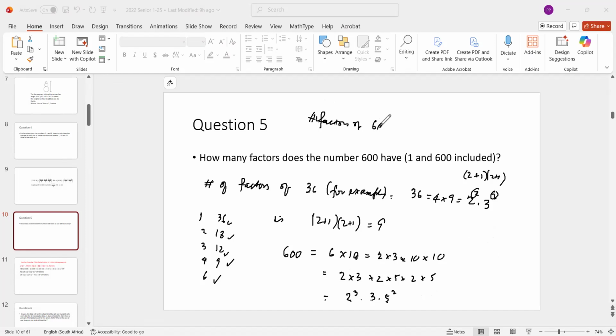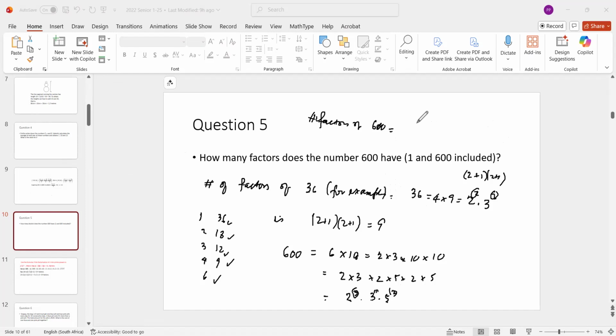of 600 equals, you take the exponents. The first exponent, which is 3, if you increase it by 1, you get 4.